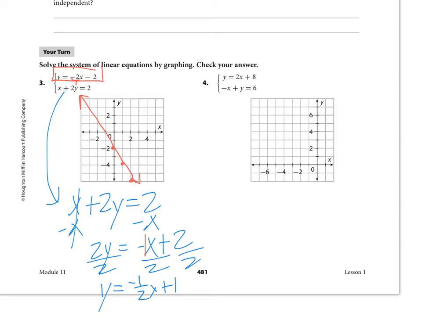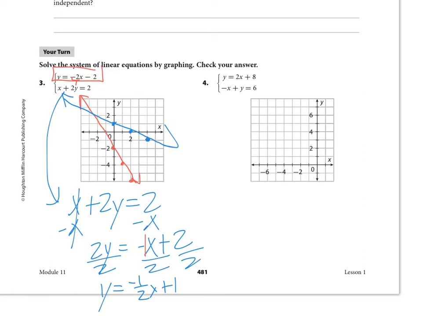Then I'm going to take my second equation, negative 1/2 x plus 1, so that means I start at 1. My slope is negative 1/2, so that means I go down 1 and over 2, down 1 over 2, and then I'm going to draw the line through those points, and then you look for the point where they intersect.